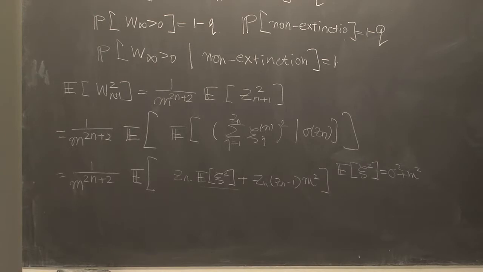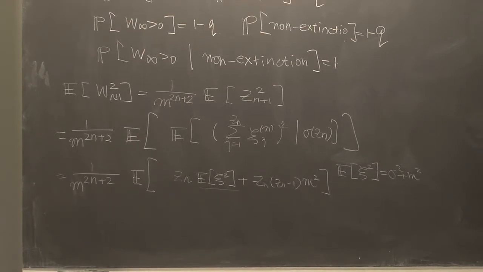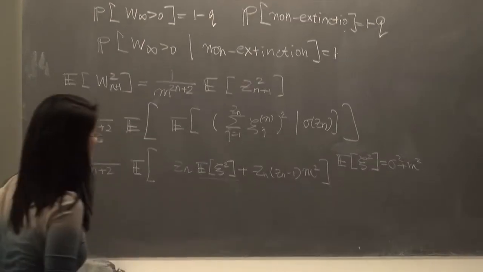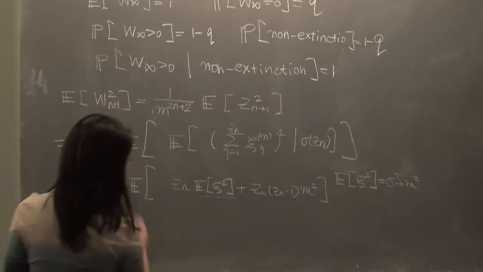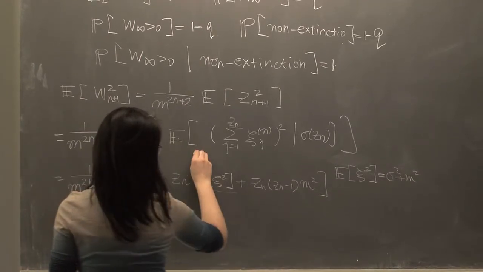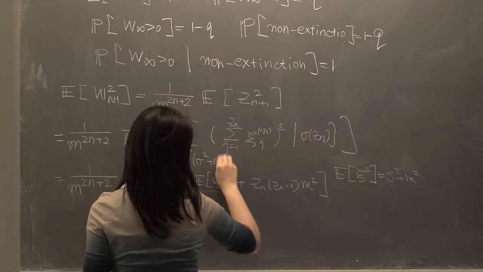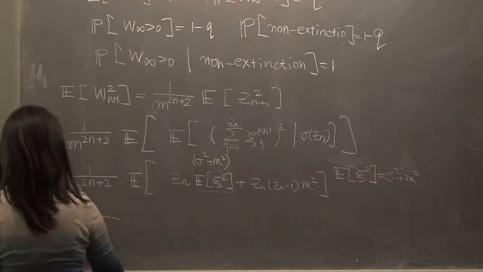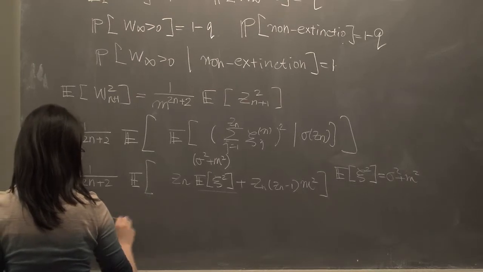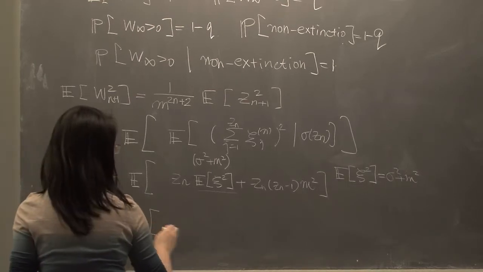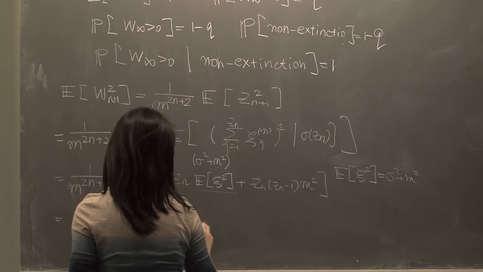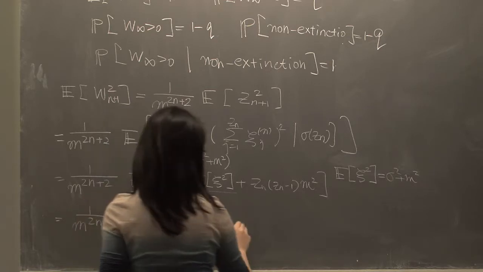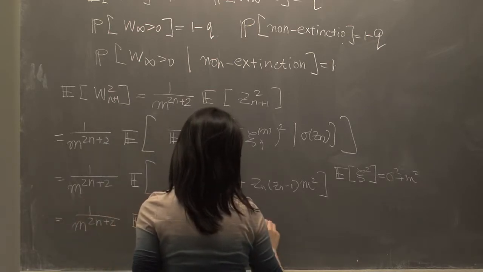By assumption, this sigma squared is finite. So rearranging, we have Zn times sigma squared plus Zn squared times m squared.